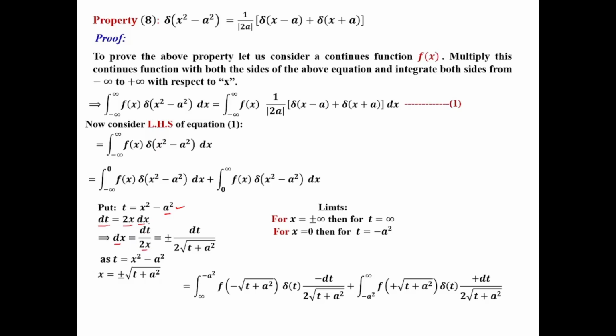Okay, here you can see we consider t equal to x square minus a square. Hence x will be plus or minus root over of t plus a square. So instead of x, I substituted plus or minus root over of t plus a square. Now we are going to check the new limits.